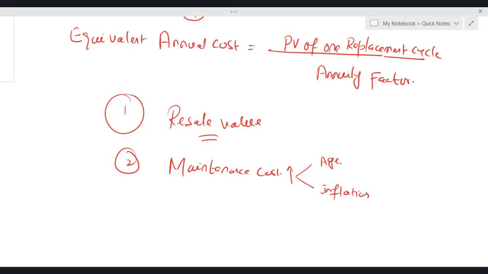Nothing is mentioned, so I'll take it as an age impact. The older the asset will be, the higher the maintenance costs I have to bear. So with the passage of time, the resale value drops, but maintenance cost increases, and there are two possible reasons for the increase in maintenance cost. One is the age, another is the inflation impact.